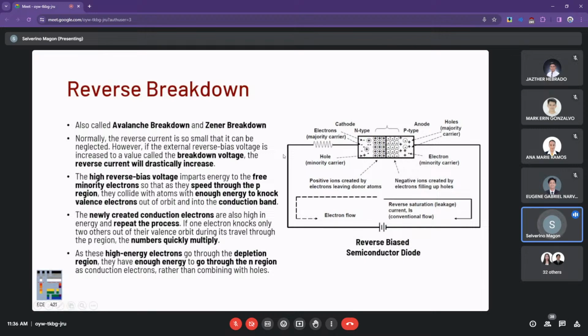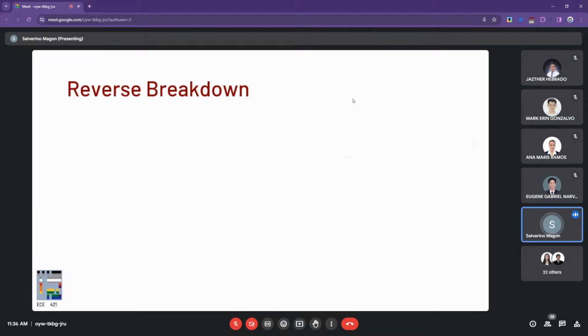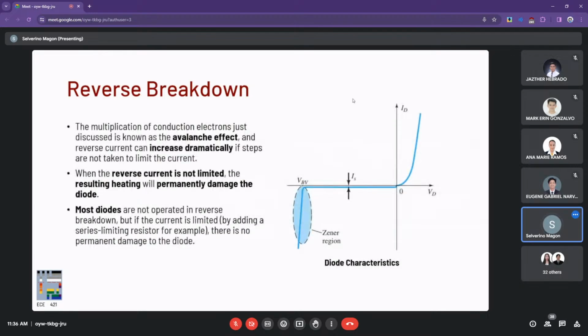This situation, or this phenomenon, is also referred to as the Zener breakdown. And the image for the graph is this one.